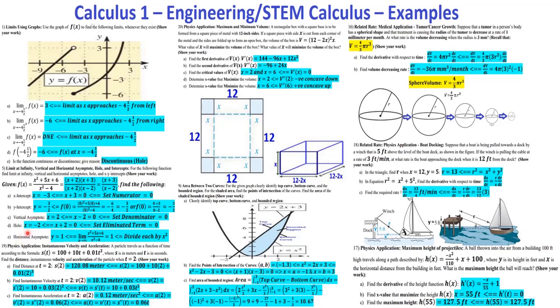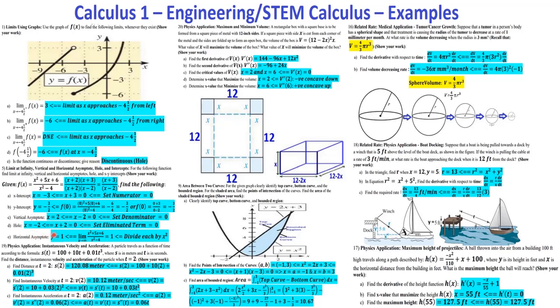Then to find the horizontal asymptote, you take the limit as x goes to infinity of x plus 3 over x minus 2, and you will end up with 1. So basically you have all the information you need to graph this rational function.